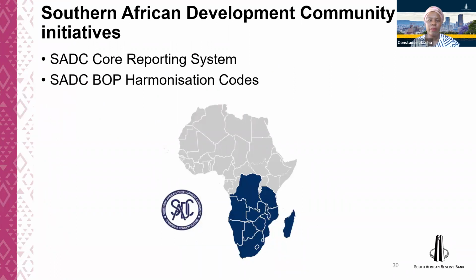So in the SADC region, or Southern African Development Community, we run a few initiatives led by South Africa. One of them we call the SADC reporting system. This is the same reporting system that I just gave you an overview on, which we use to assist our sister countries to implement a similar system. Some of them are running a previous version that we developed before.